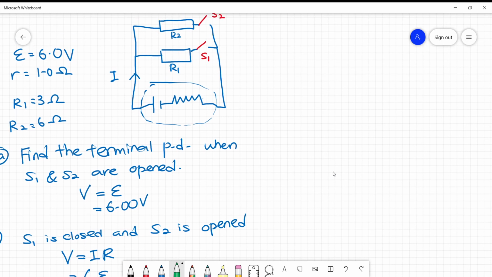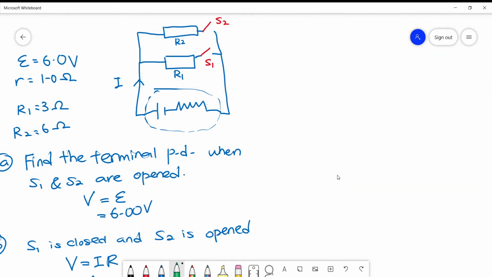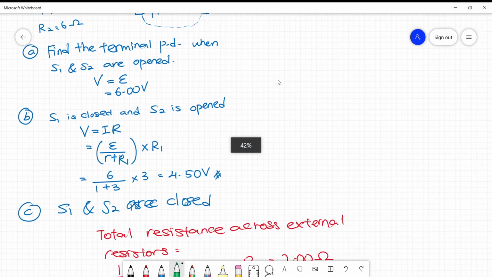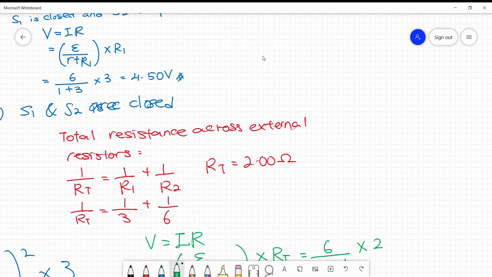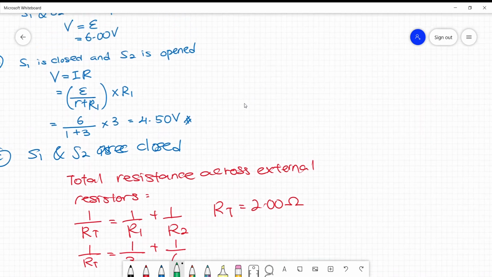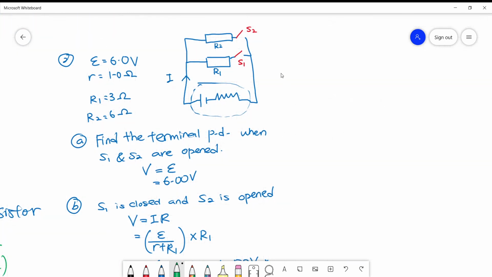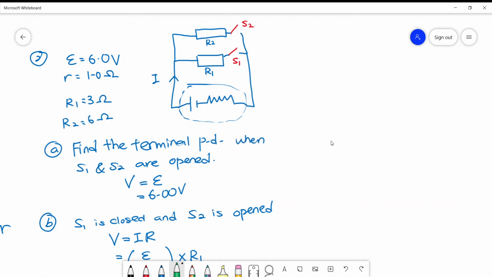We need to determine, according to the arrangement of all the resistors in this circuit, whether they are arranged in series or parallel. This is how we find the total resistance, by using the formula for the arrangement in parallel.